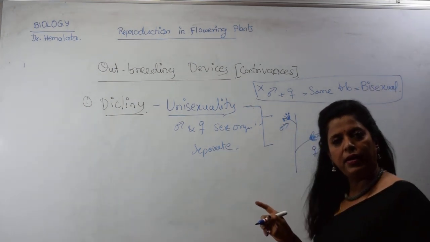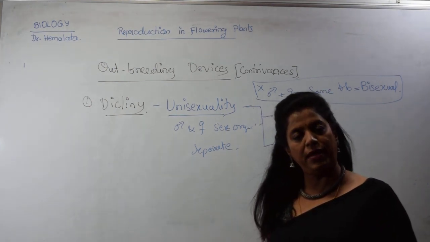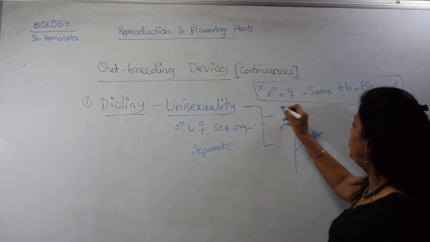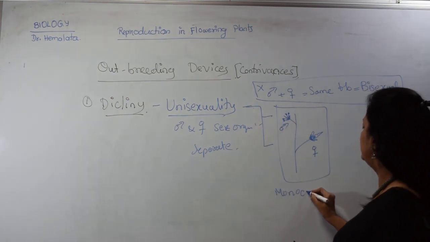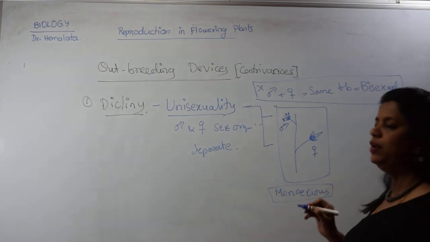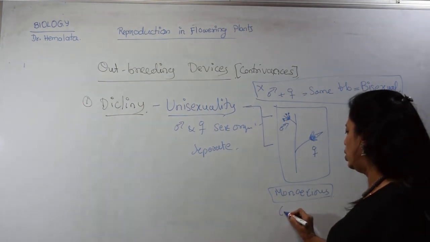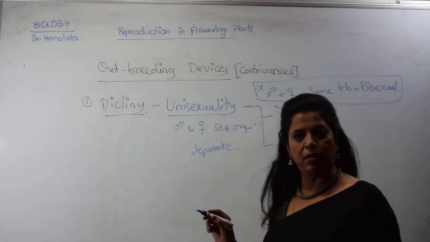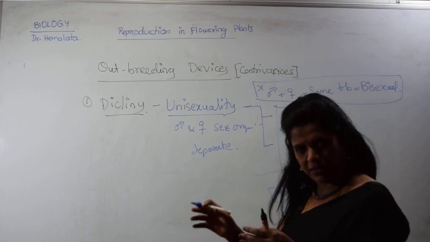If a single plant contains male and female flowers at different parts, that is called unisexuality, but as they are found in the same plant, we call it a monoecious character. Monoecious means both male and female flowers are present separately but in the same plant. Example is your coconut. One side will be the female part, one side will be male, right?